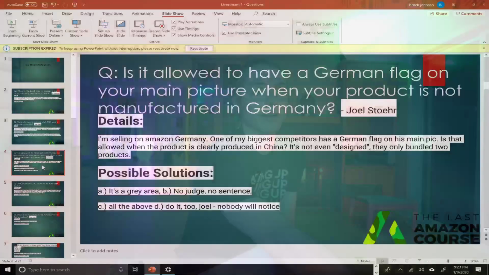So you might get your main listing picture taken down for doing this, but you could probably do it. This is not the best business practice, but maybe if you're a German company, you could ethically justify it. If you're not a German company, you're selling to Germany, and it's not a German-made product, I would not do this. This would be a poor choice for building brand. Perhaps it would get a higher click-through, but that would be my advice on that.